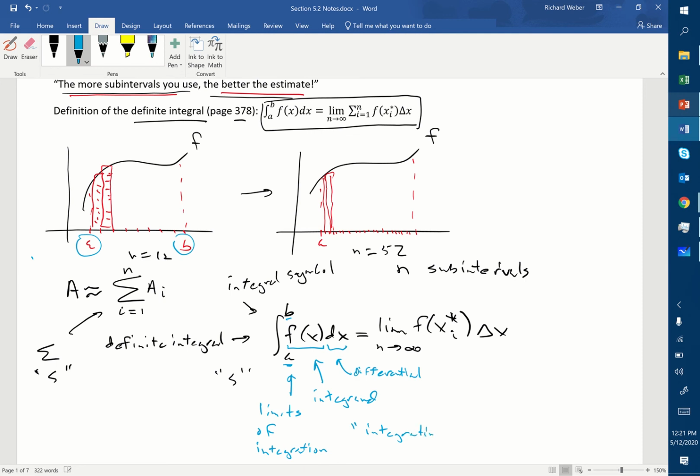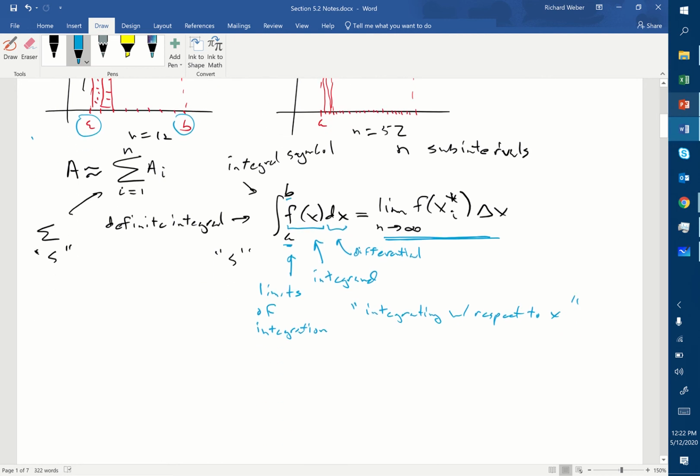Integrating with respect to x will be a thing we say later on down the road once we learn the easy ways of doing things. Okay, so this symbol that we just tore apart with our names represents this concept of taking the limit at infinity. Okay, that's the definite integral. That's what we're talking about.